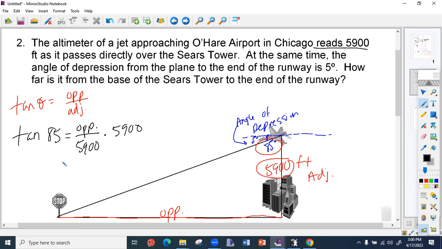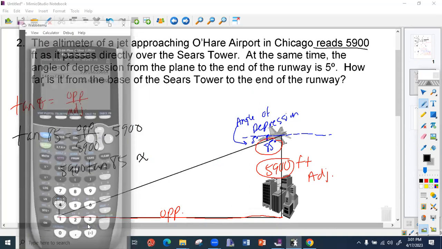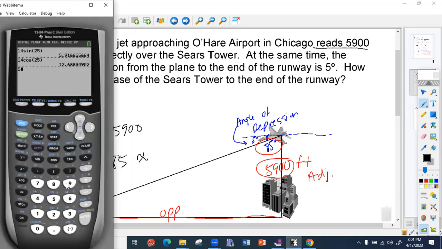Okay, so to find our distance, it's going to equal 5,900 times the tan of 85, which is going to give us approximately 67,437 feet.